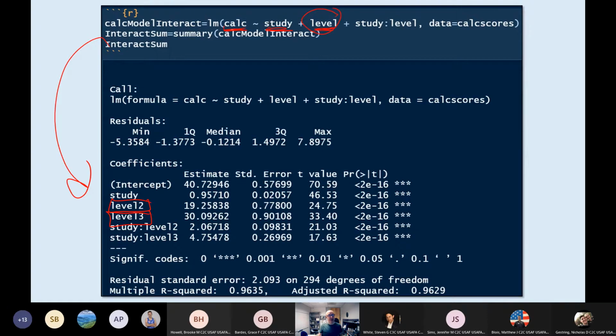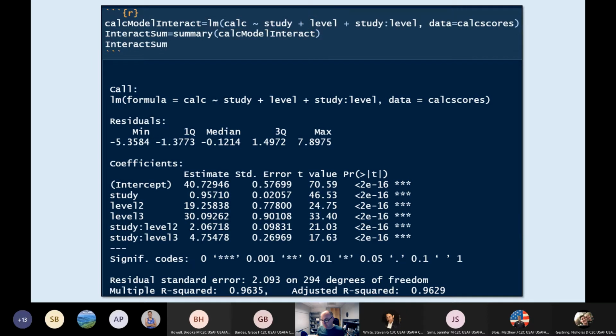And we know that when it's a categorical variable, it always adds indicator variables for all but 1 of the levels, right? In here, the level is either equal to 1, 2, or 3 for Calc 1, Calc 2, or Calc 3. So the fact that we see 2 different indicator variables down there for level means that there are 3 possible values.